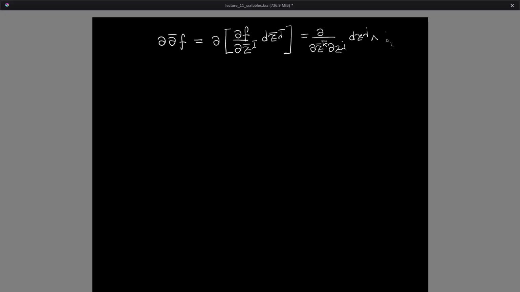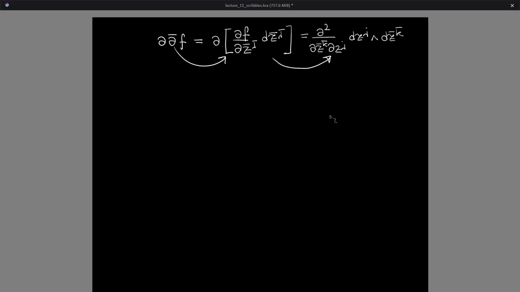Zj wedge dz dzk dz bar k bar. And so if we use this, we applied the partial bar, then we applied the partial, right? And once we expand that out, we get this. Yeah, I think there's a square missing here.